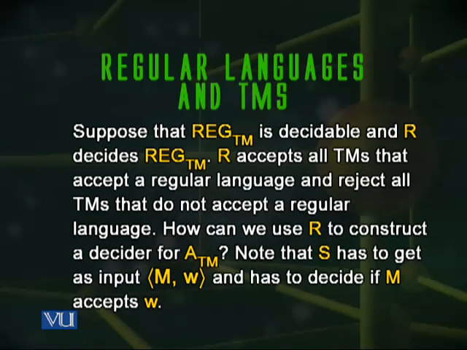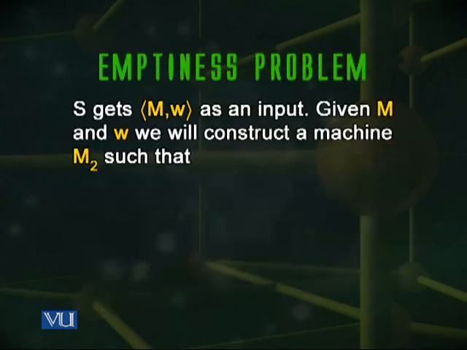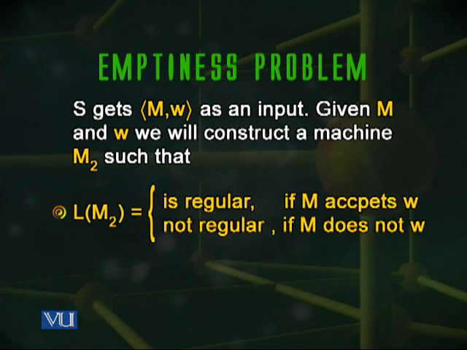Note that S gets an input M, W and has to decide if M accepts W. The idea is, as before, to construct a new Turing machine M2, which will now depend on M, W, such that L of M2 is regular if M accepts W and it's not regular if M does not accept W. Can we come up with such an M2?